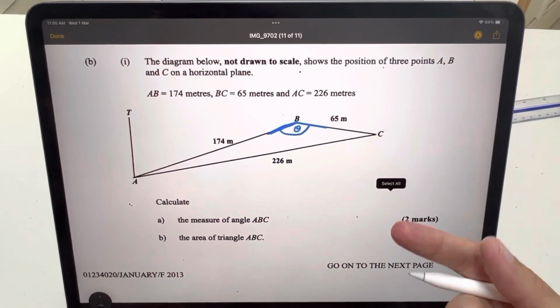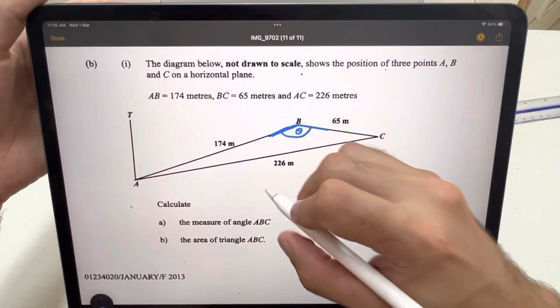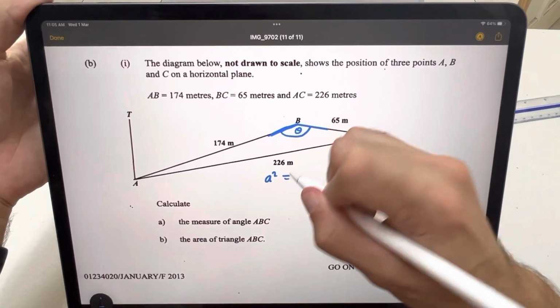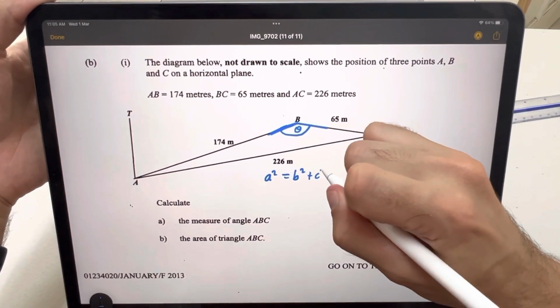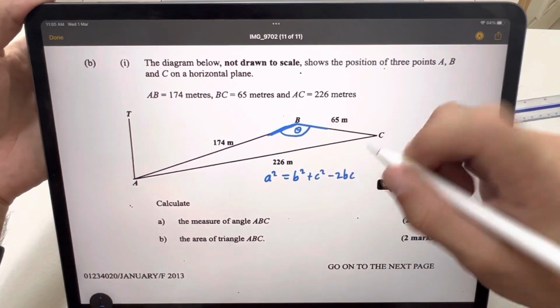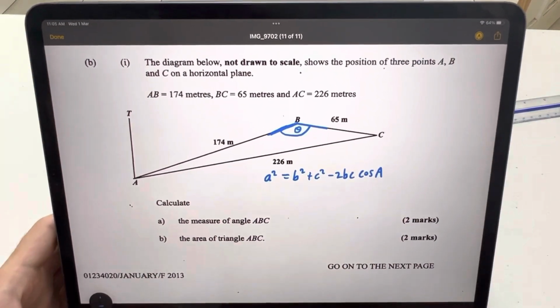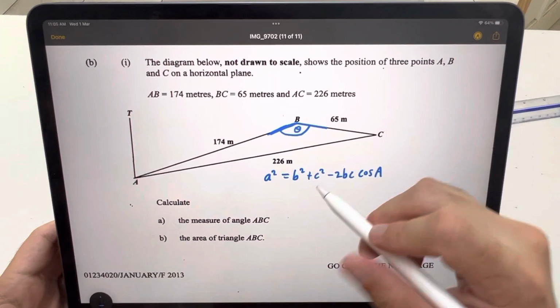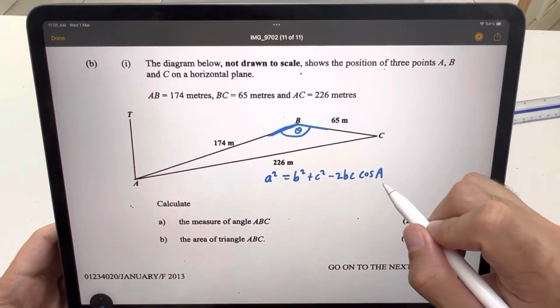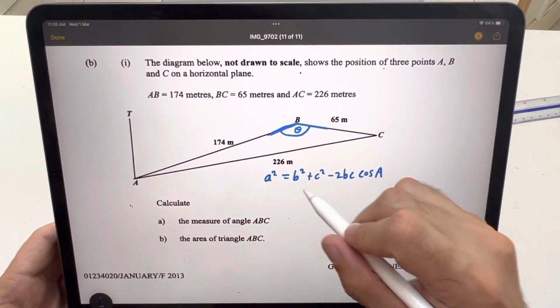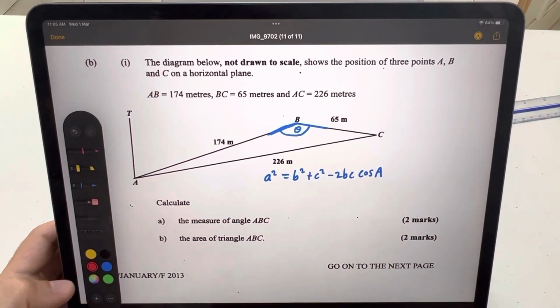We're going to have to use cosine rule, which they give you in the formula sheets, so you don't have to stress too much, but you do have to remember what these terms represent. The main thing is this side A pairs with this angle A, and then B and C are the other two sides.